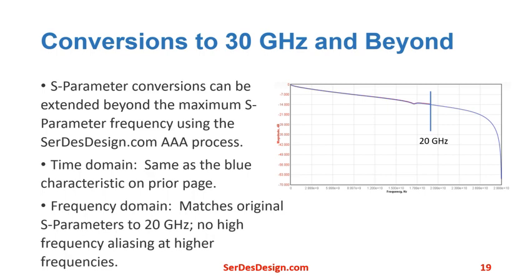The blue for causal S-parameters overlaps the red up to the original S-parameters maximum frequency of 20 gigahertz. Also, the blue has no high-frequency aliasing beyond 20 gigahertz due to use of the SerDesDesign.com Anti-Aliasing Algorithm process.